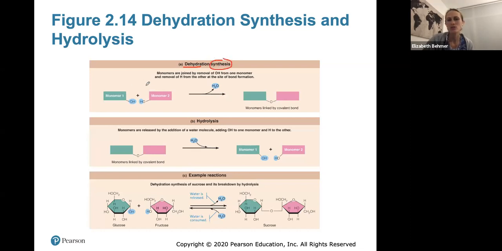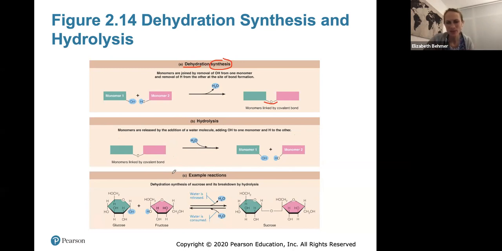When we put two monomers together, we take out a water. So we're taking out extra atoms so that these two monomers can bind together and are linked by this covalent bond. Hydrolysis means we add in a water so we can take a polymer and separate that into its two monomer parts.